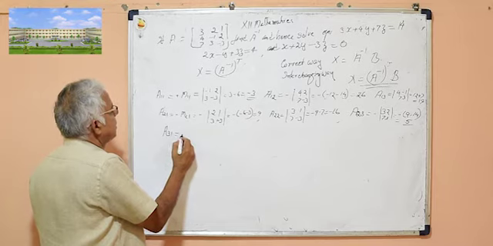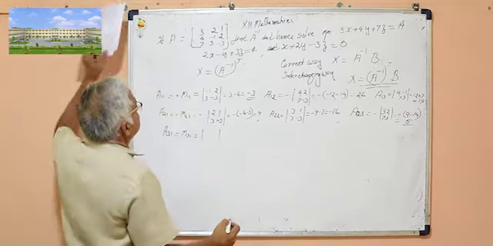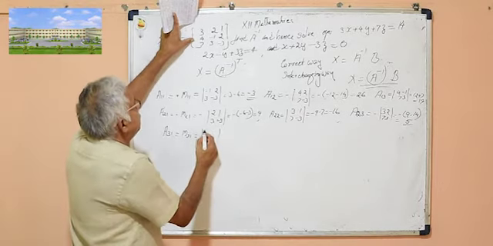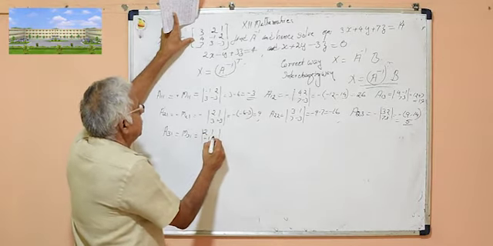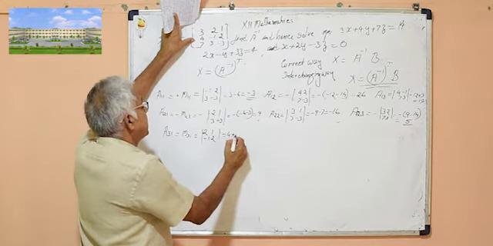A31 positive M31. Delete the row and column, third row and first column, 2 1 minus 1 2. So we get 4 minus of minus, plus 1, that is 5.